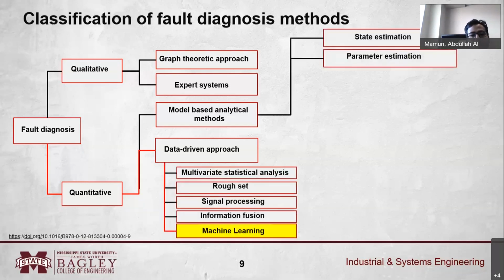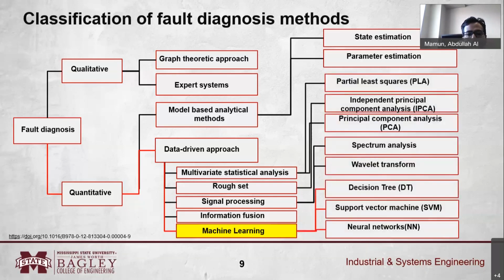While we talk about the data-driven approach, it is the more significant one in fault diagnosis under the umbrella of quantitative methods. The data-driven approach has several categories. We can see over here multivariate statistical analysis, rough set, signal processing, information fusion, and machine learning.